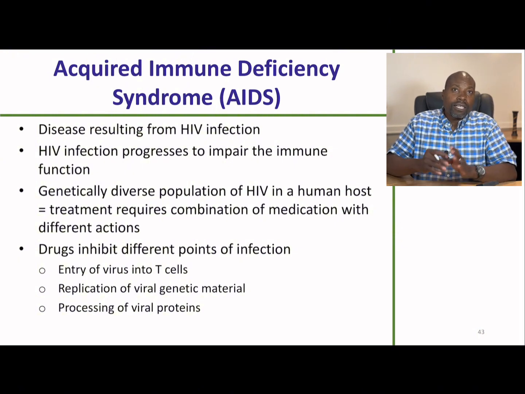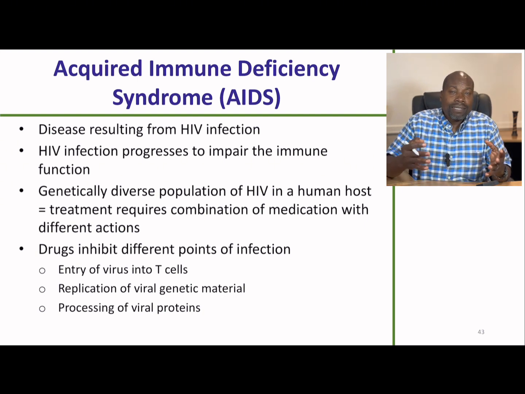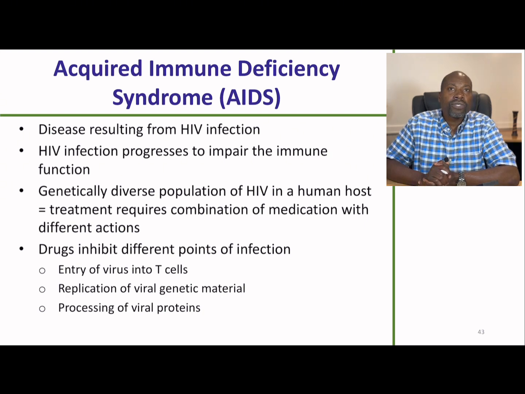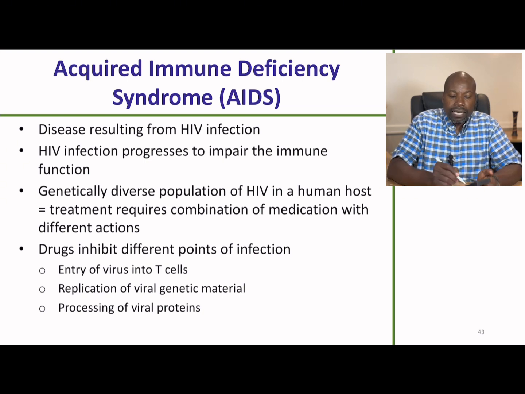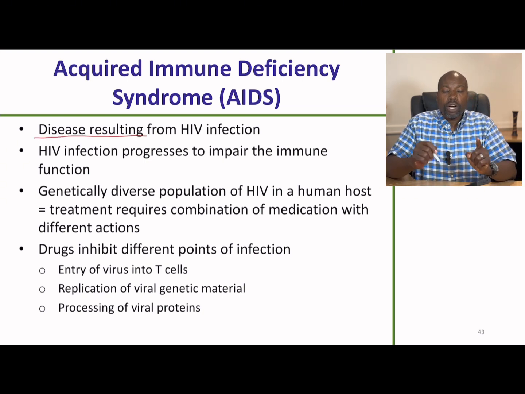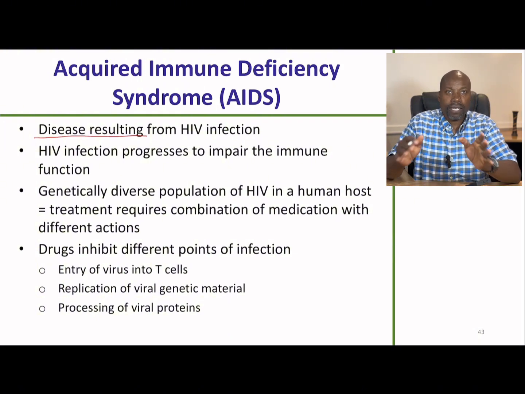AIDS, which is the clinical form of HIV infection, arises when our immune system starts really falling apart because of so many helper T cells dying, right? So at that point, we are becoming vulnerable to about any infection. So AIDS is the disease part of HIV infection, because having HIV infection doesn't mean you are sick. Let me repeat that. Having HIV infection doesn't mean you are sick, right?